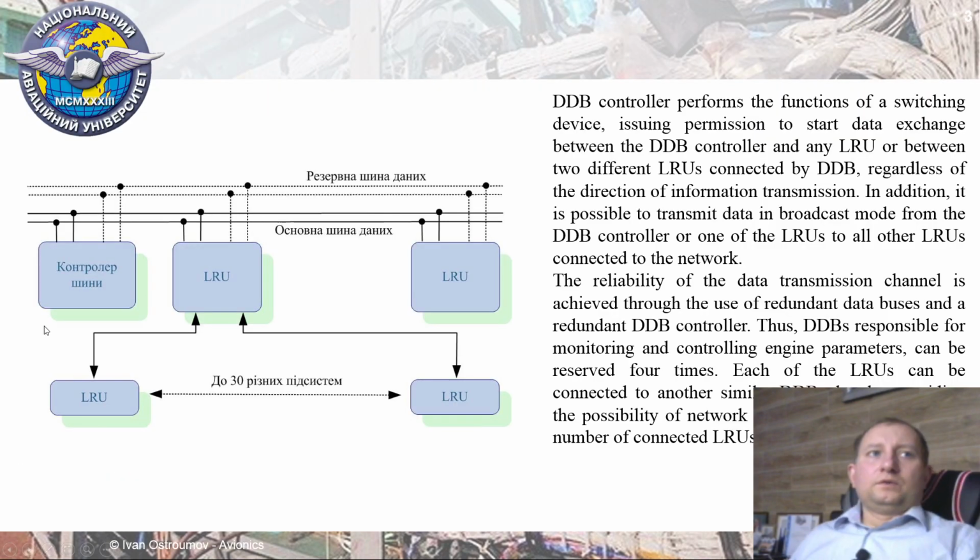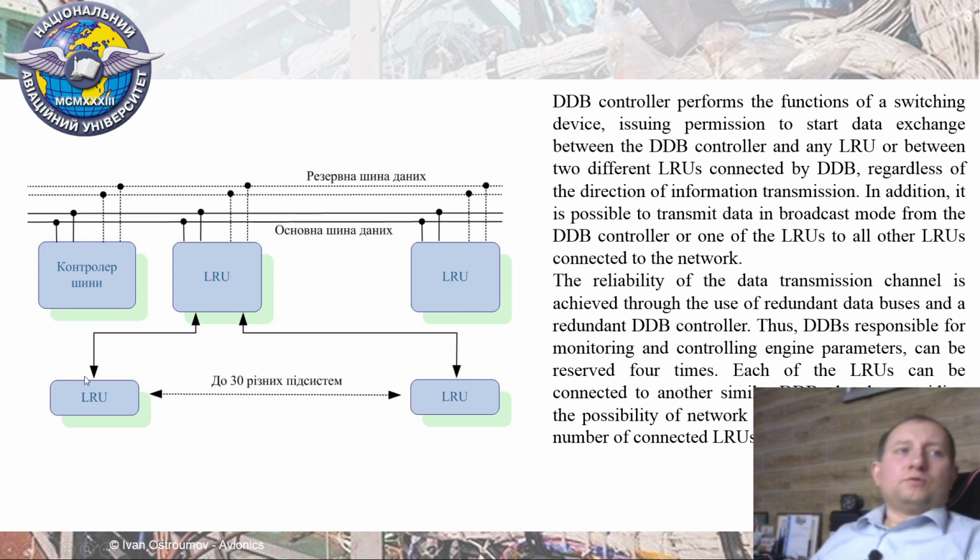First of all, let me introduce a bus controller. In order to support network operation, this standard uses a bus controller. The bus controller is a specific line replaceable unit which supports data transferring between LRUs.